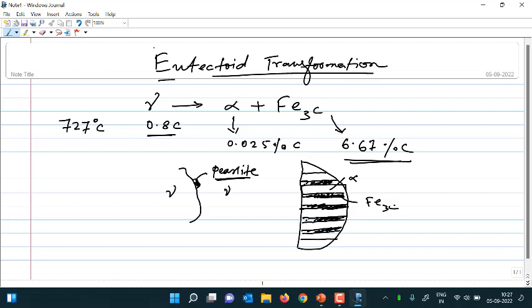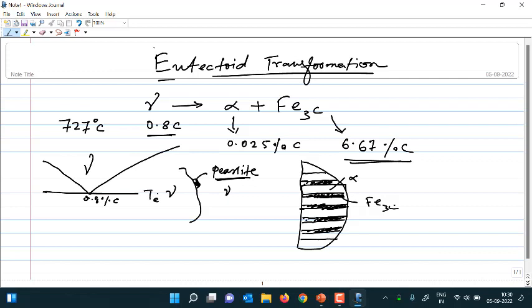So what happens when, let's say, the ferrite phase is first forming during this transformation? We are here, right? This is 0.8%. And we are also at the eutectoid temperature.